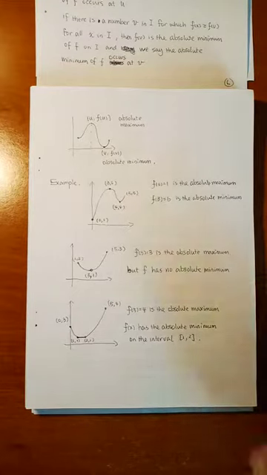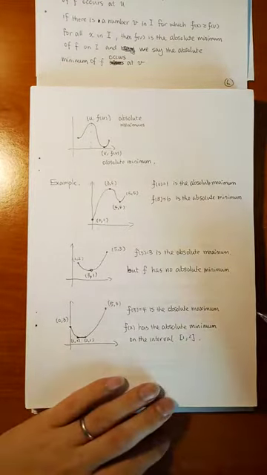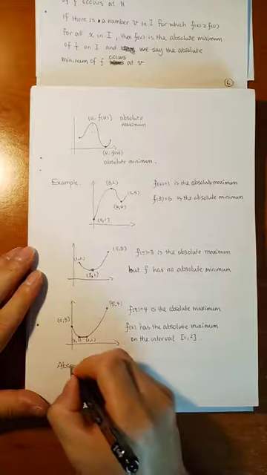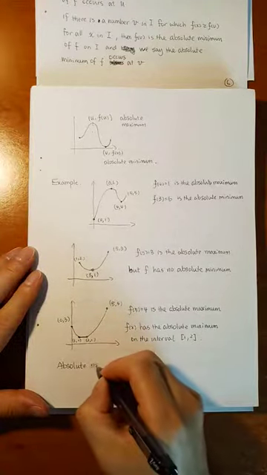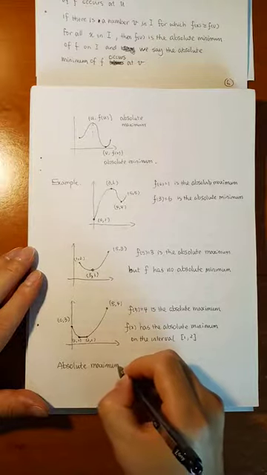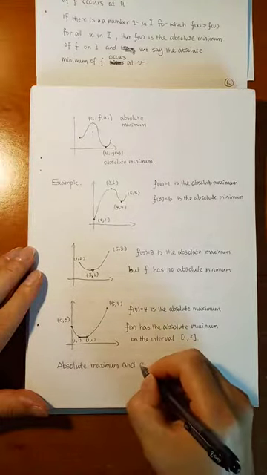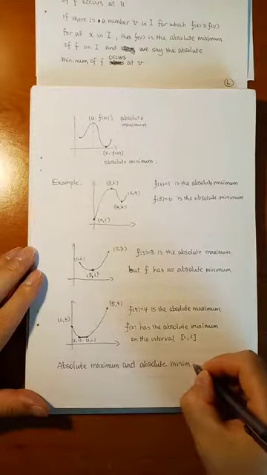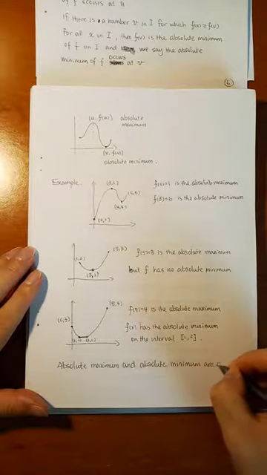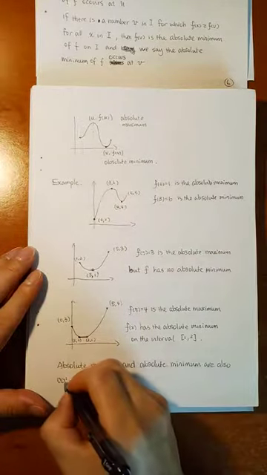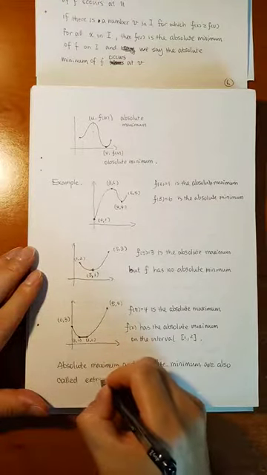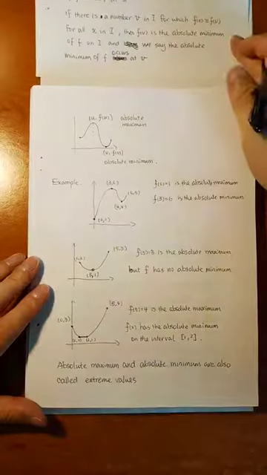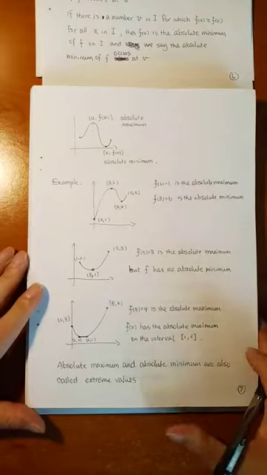And absolute maximum and absolute minimum are both called extreme values. If you want to use just one word to represent both, they are called extreme values.